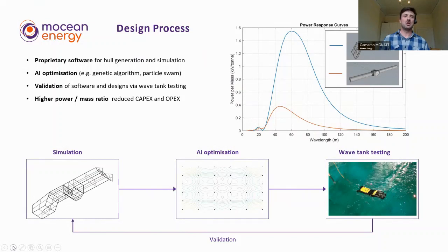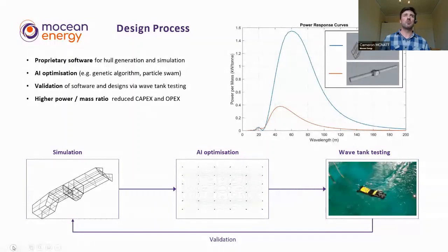Besides using commercial software packages, we've developed some of our own software that programmatically generates hull geometries, hull forms, shapes, and runs them through a simulation. We then wrap that simulation up inside an optimization routine that searches for the best candidates, and we then build small-scale models of those and test them in wave tanks. All of this has resulted in a high power-to-mass ratio amongst other metrics.